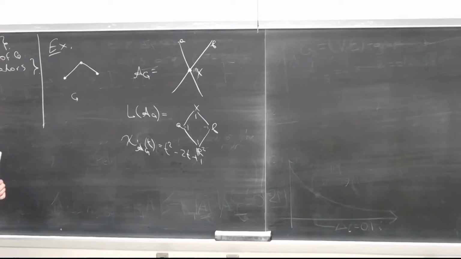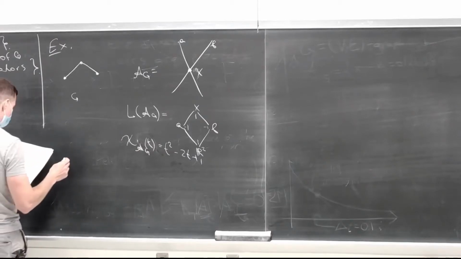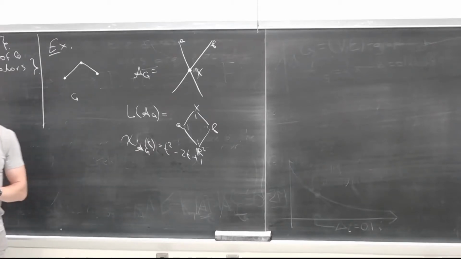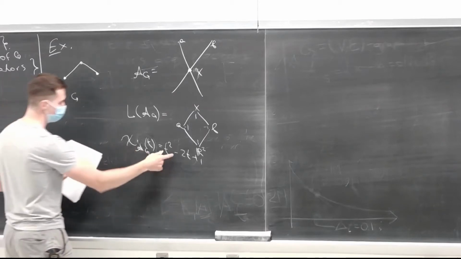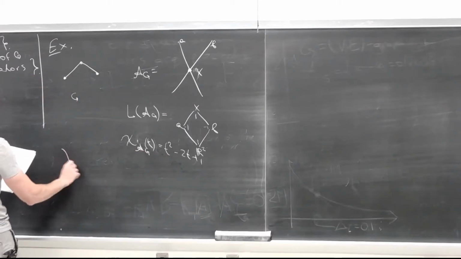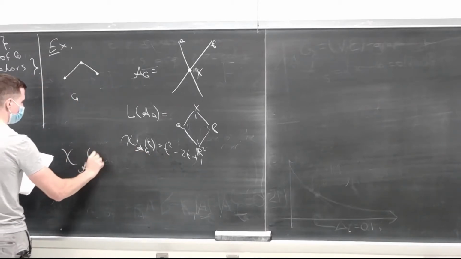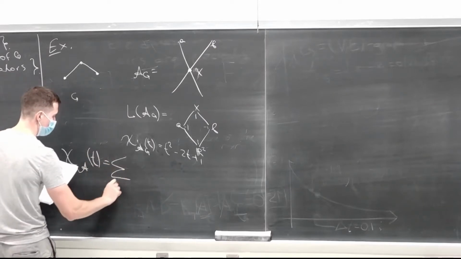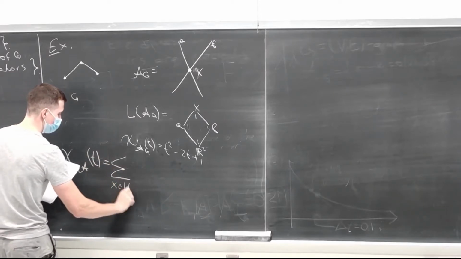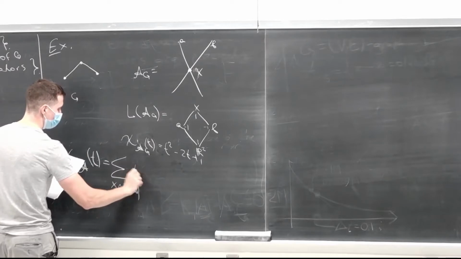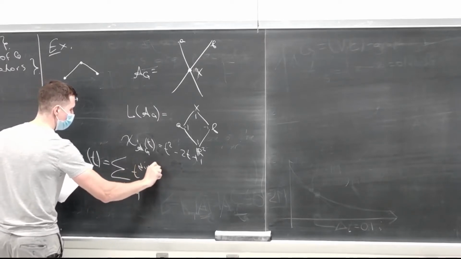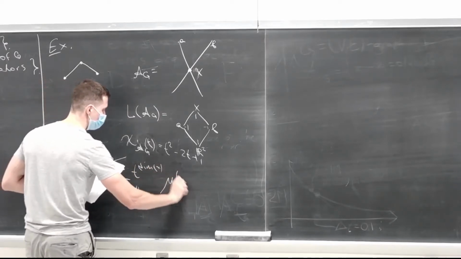And so let me record the definition again. No, actually, it's okay. So here's the definition. What's the definition? Take the sum over all x in your intersection poset of t to the dimension of x times the Möbius function.